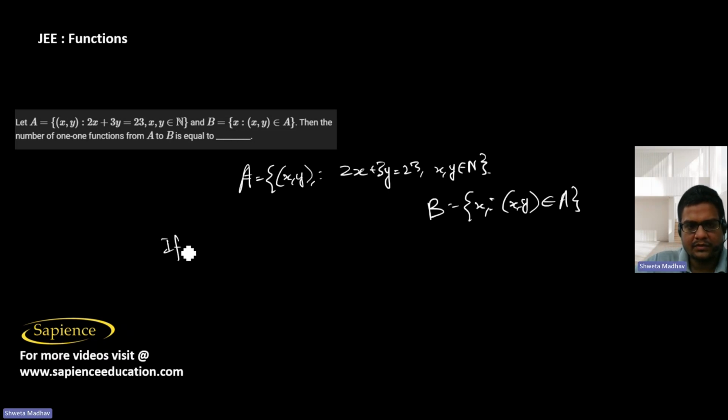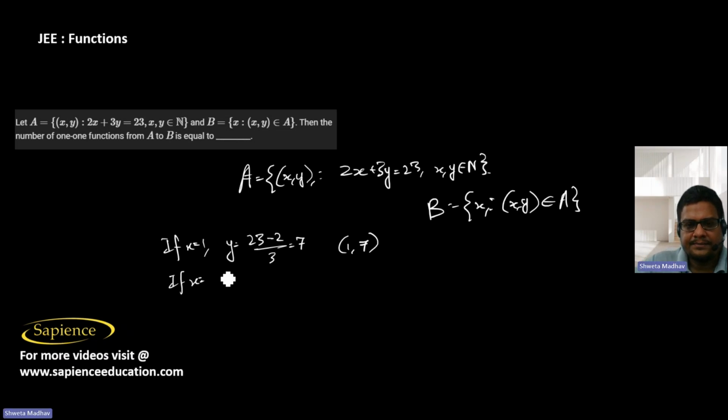Suppose we take x as 1, then y will be 23 minus 2, divided by 3, so that is 7. So 1 comma 7 we can take. If x is 2, then 23 minus 4 is 19, then we can't take.